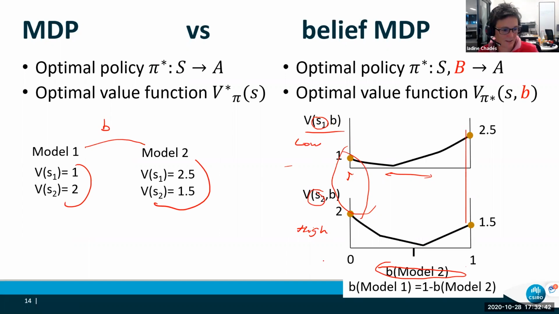It's because we are certain that when we are at 0 here, then model 1 is true, and when we are at 1 there, model 2 is true. So it makes perfect sense that the optimal value corresponds to the optimal value of an MDP for each model. Maybe it wasn't clear. Sorry about that. I hope it makes sense. Did it make sense? Should I start again?